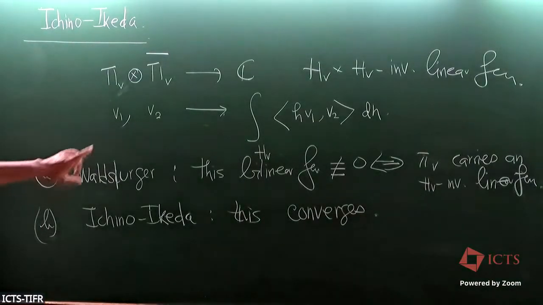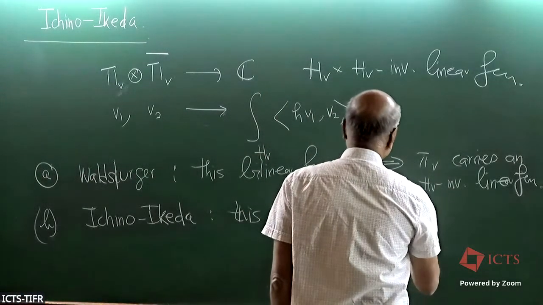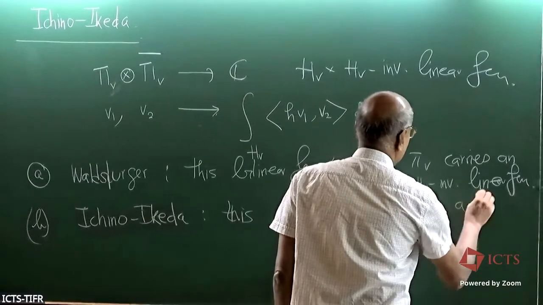Maybe Walsh-Forget did it in some context, and this converges for pi v a tempered representation.